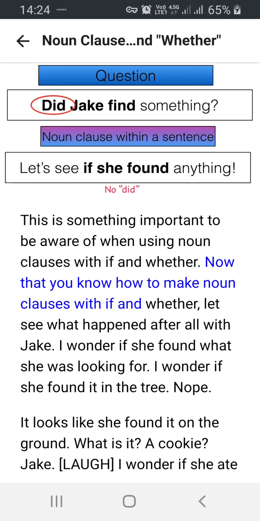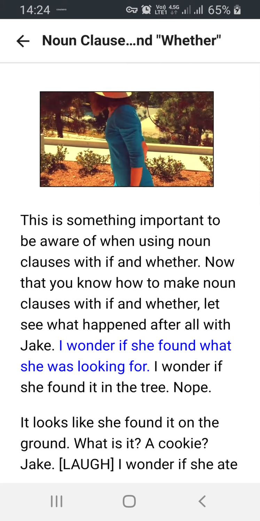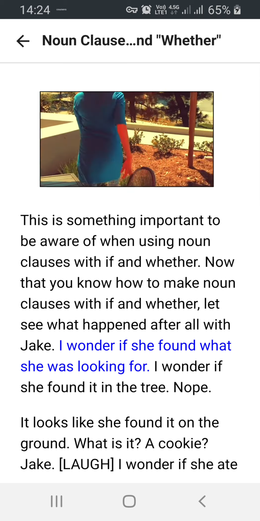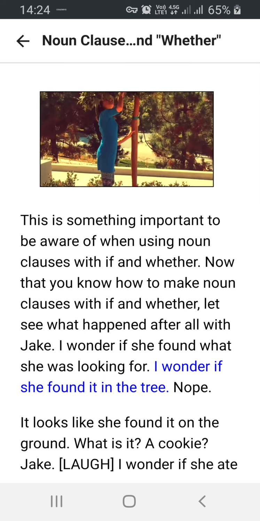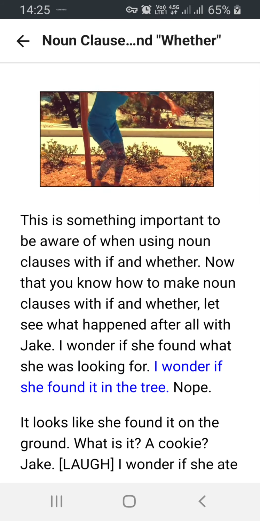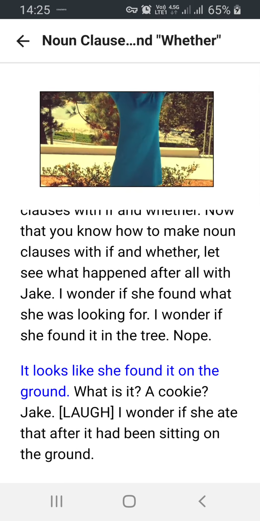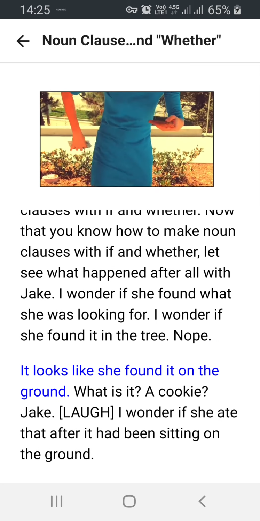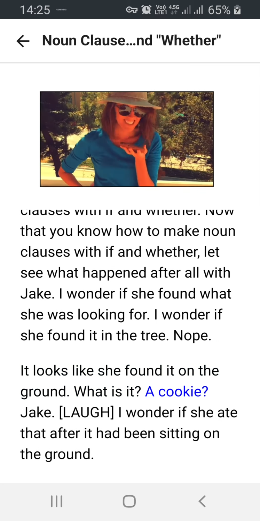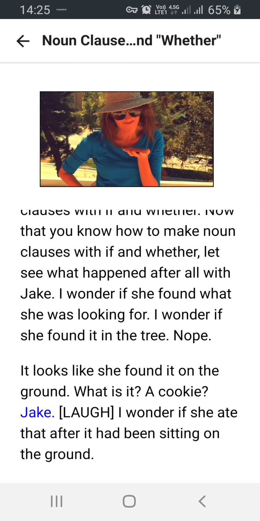Okay, now that you know how to make noun clauses with if and whether, let's see what happened after all with Jake. I wonder if she found what she was looking for. I wonder if she found it in the tree. Nope. Oh, it looks like she found it on the ground. What is it? A cookie? Oh, Jake.